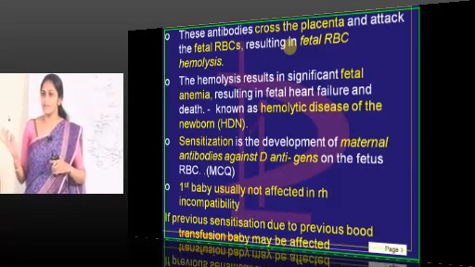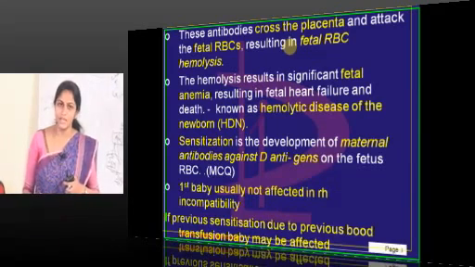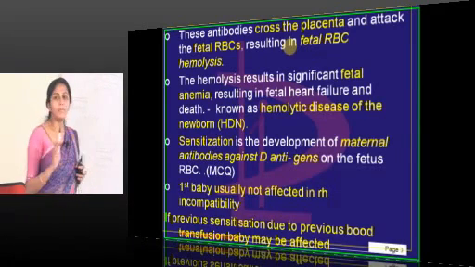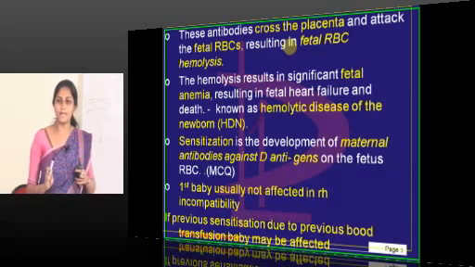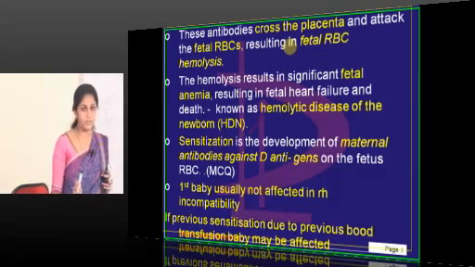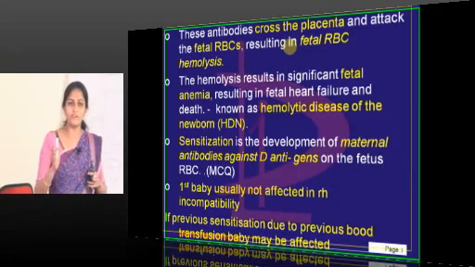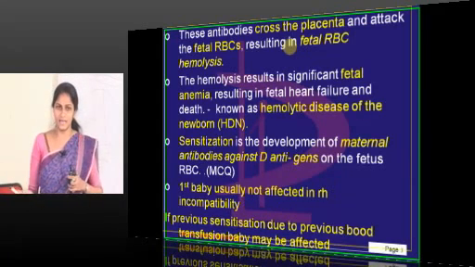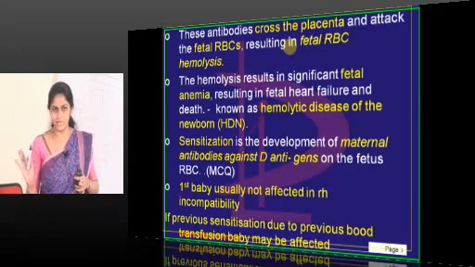Is it clear why the second pregnancy is affected in Rh negative, and why the first baby is protected? Whereas in ABO incompatibility, it is quite the opposite. Even the first pregnancy is affected. That is how we differentiate. In ABO, it is the first pregnancy, whereas in Rh, it is the second. The mechanism is totally different.